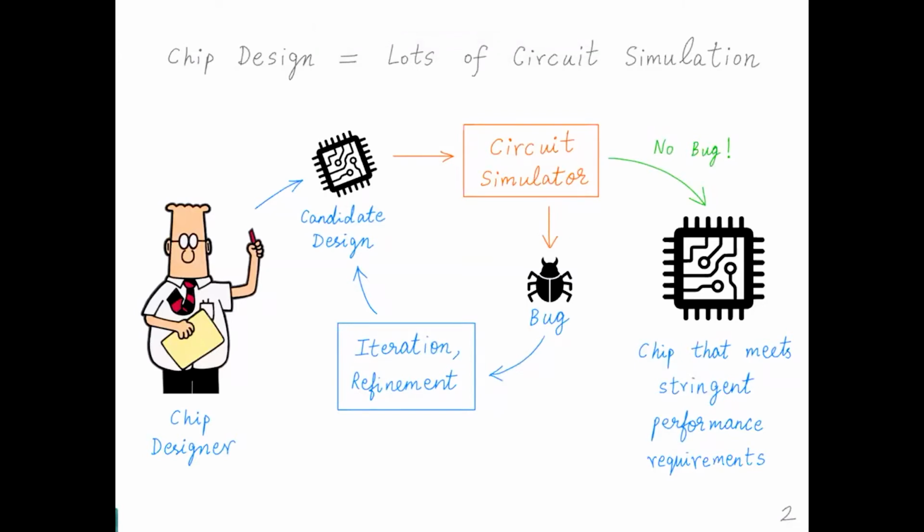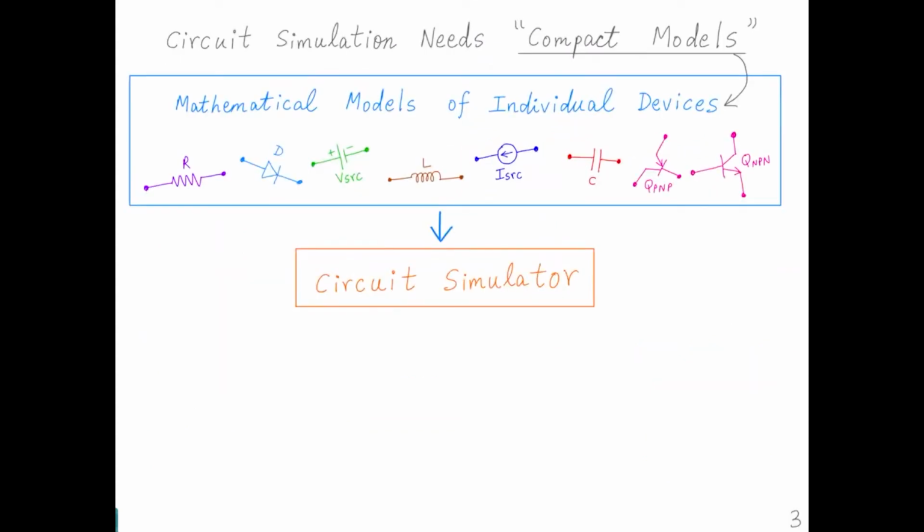So what goes on inside the circuit simulator? The focus of this project is the circuit simulation aspect of this whole design flow. A circuit simulator has inside of it a mathematical model for every single component that you can possibly use in your circuit.